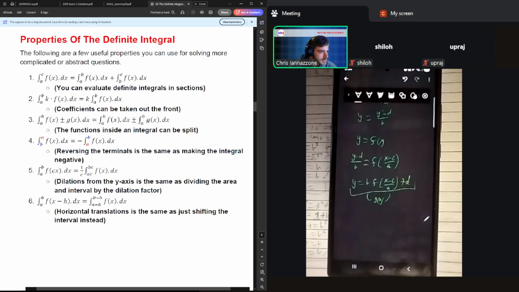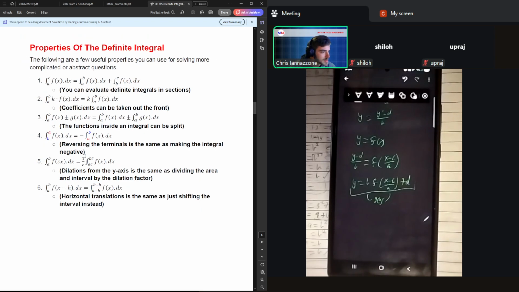This, 5 and 6 specifically, and even 2, describes what happens when you have transformations applied. Like you've got your K, your dilate factor. What can you do with that? You've got your C, another dilate factor. What can you do with that? Translations, what do those do to the function?